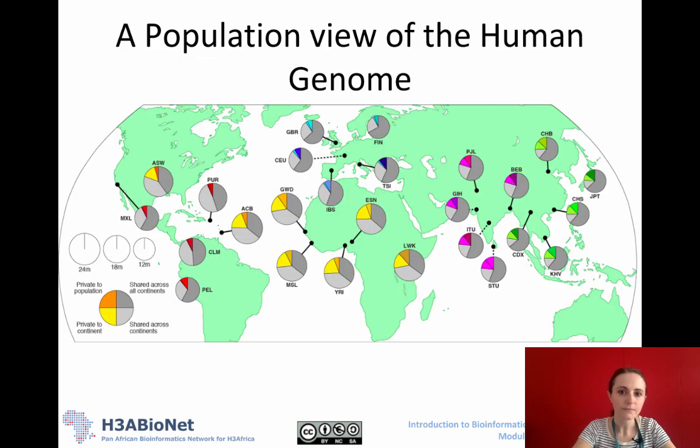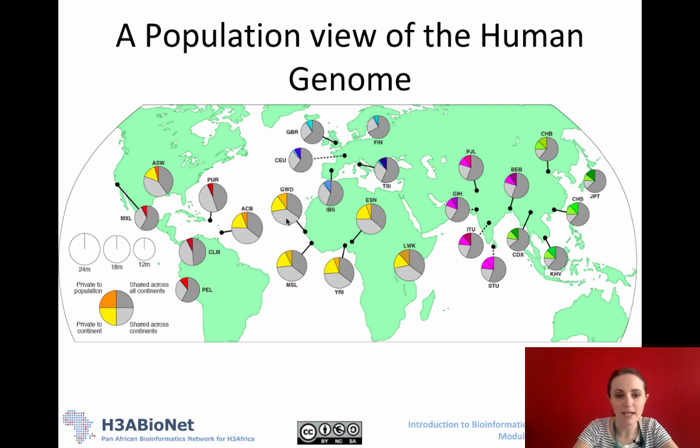If we look at the data from 1,000 genomes in a bit more detail, and we'll see how you can find individual genotype frequencies, this is just showing a kind of population view. Each of these pie charts represents, in the grey, variants that were found in this population that were found in all of the other populations.